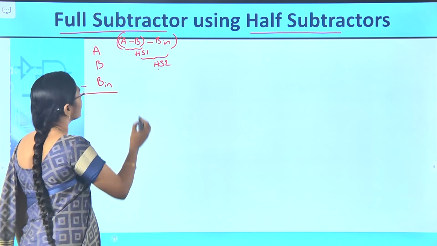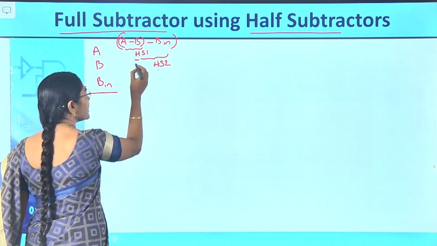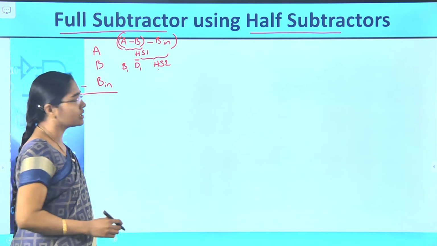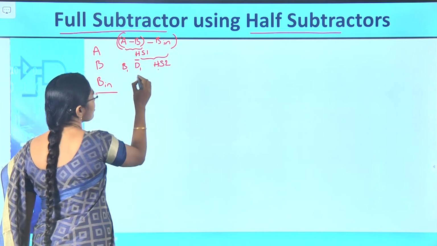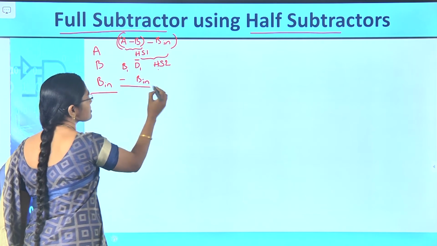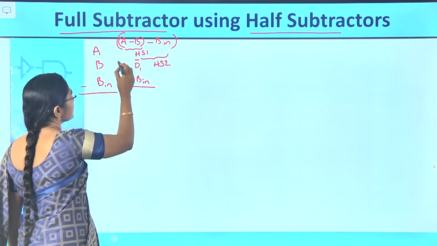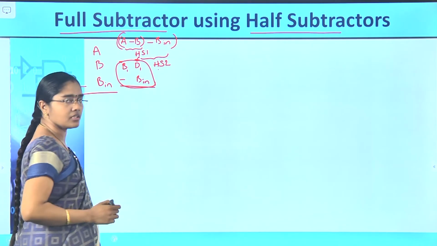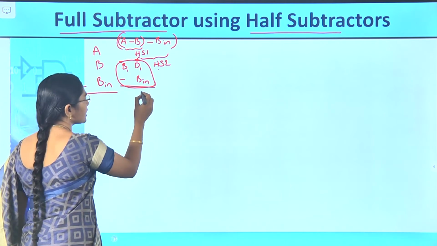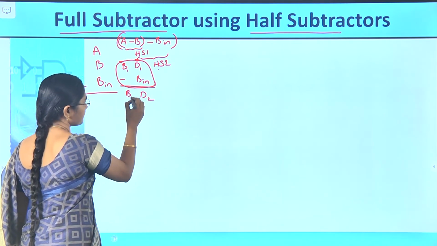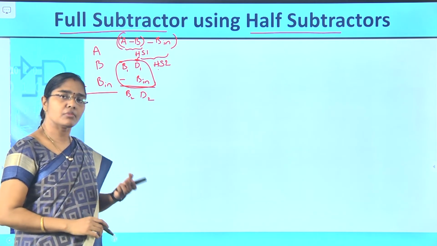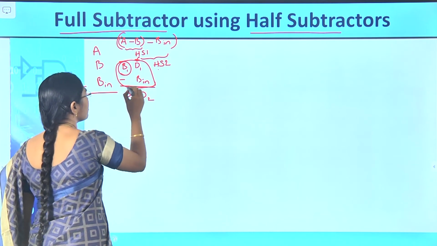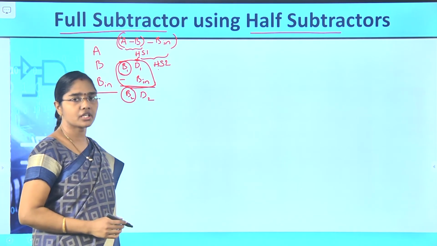Okay. And in this half subtractor actually we will get difference and borrow. Let us take D1 and B1. And we are going to take minus of B in from the difference. Okay. So in this subtraction operation, that means half subtractor 1 result minus B in, again there may be a chance of getting difference and borrow. Okay. So the final borrow is going to be calculated based on the values of B1 and B2.